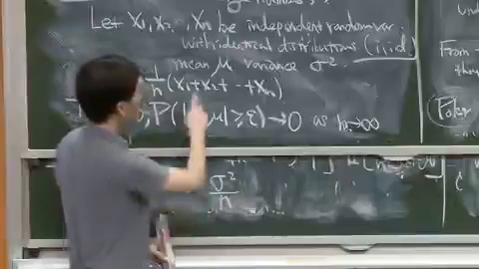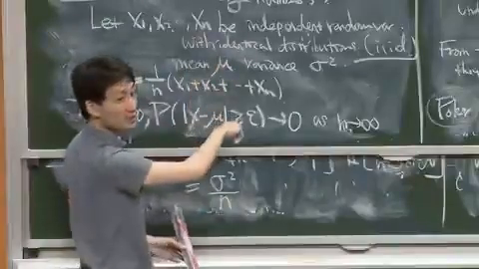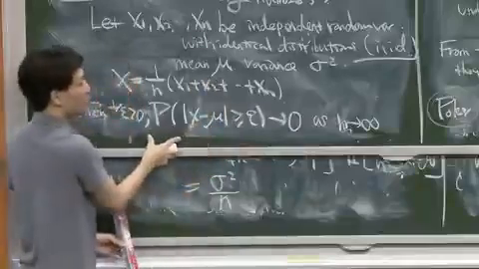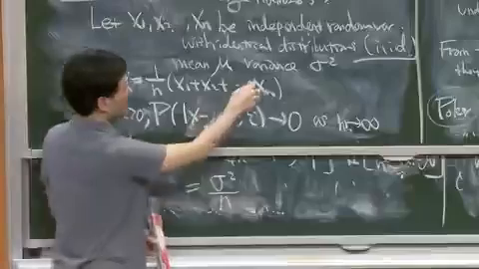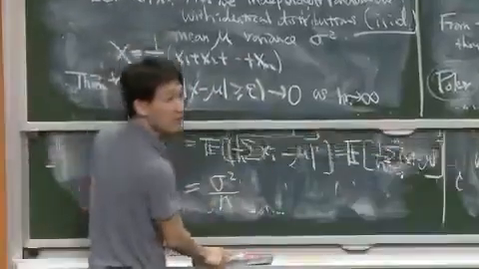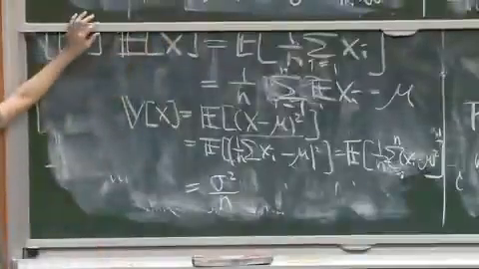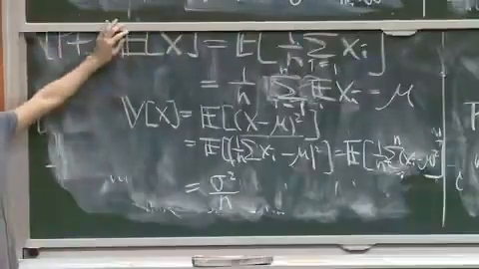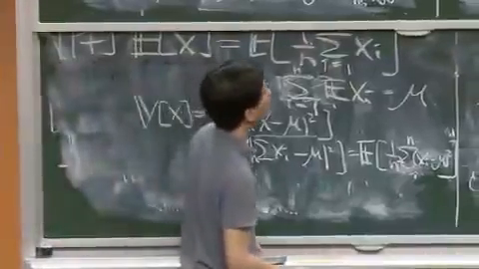And also, the conditions I gave here are very strong conditions. The same conclusion is true even if you weaken some of the conditions. So for example, the variance does not have to exist. It can be replaced by some other condition, and so on. But here I just want it to be a simple form so that it's easy to prove, and you just get the spirit of what's happening.